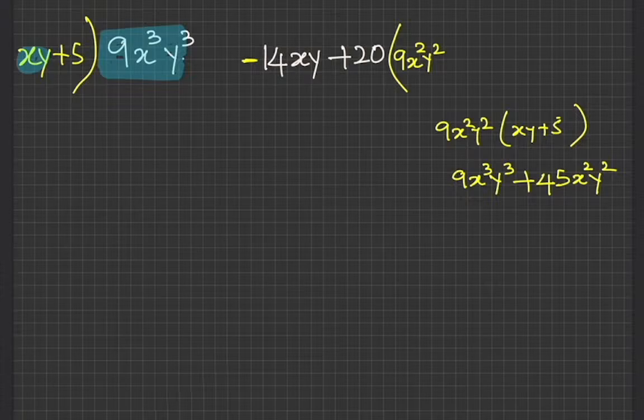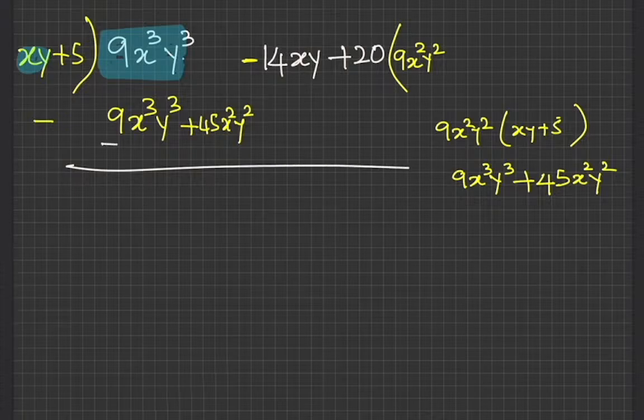So I have 9x cubed y cubed plus 45x squared y squared. I'm going to subtract this, and I want to change the sign. This positive becomes negative, this positive becomes negative, and 9x cubed y cubed cancels out, and what I'm left with is negative 45x squared y squared.